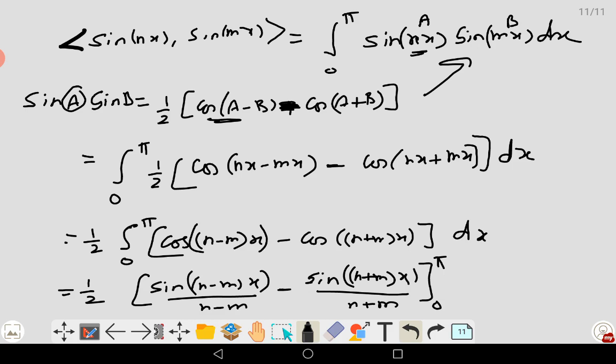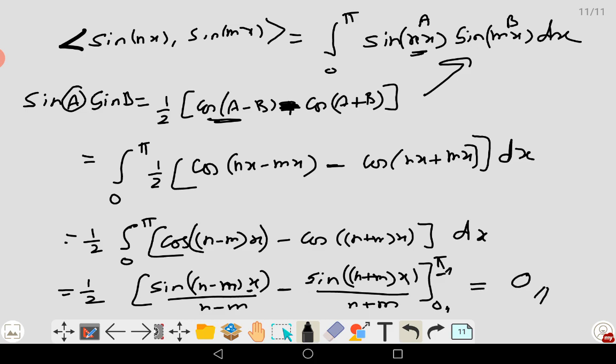Since all the terms are sine, remember in this given problem n and m are integers, they cannot be half or 3 over 2, isn't it? N and m are integers, so x can be replaced by pi, upper limit sine any number of pi, sine n pi is 0, so upper limit is 0 and lower limit also will give 0. Finally the answer is 0.